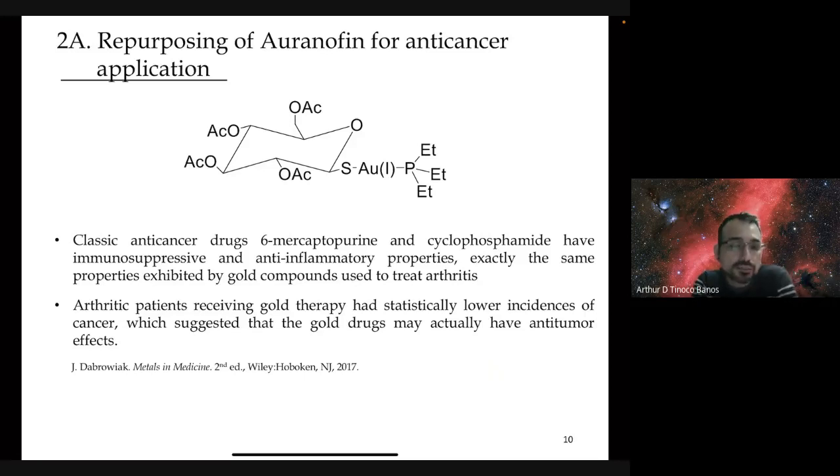It was also observed that arthritic patients receiving gold therapy had statistically lower incidences of cancer, which suggested that gold drugs may have an anti-tumor effect. It's a combination of that finding plus the known immunosuppressive and anti-inflammatory properties that compelled people to examine the anti-cancer application of this compound.